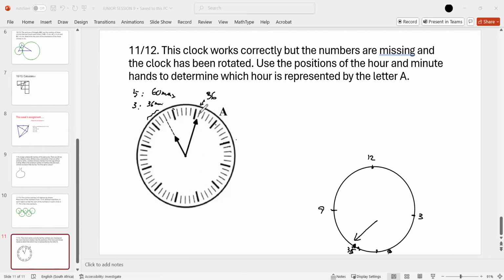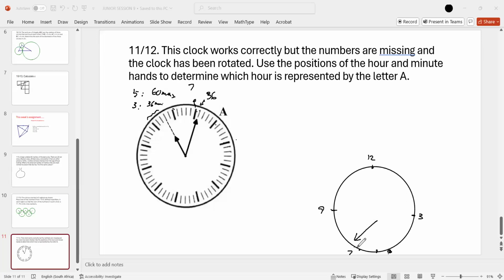And that's quite possible because this is one more than that. So that point there is at 36. So this here would have been at 35 with the present 7. This number here would have been 7. Because if you had 7 here, that would have gone through 35 minutes, starting from 12.